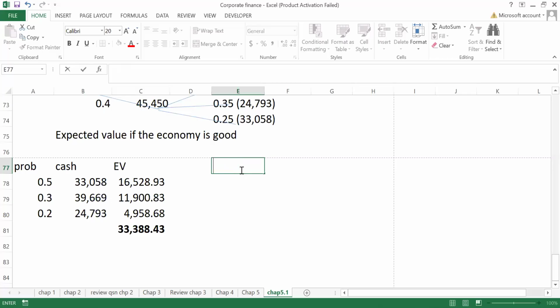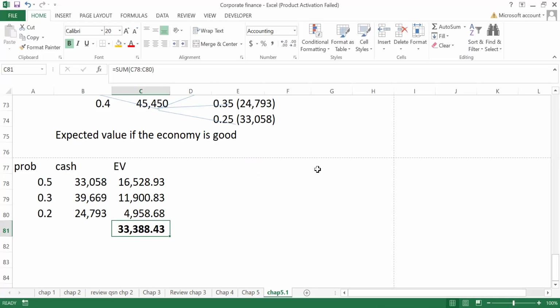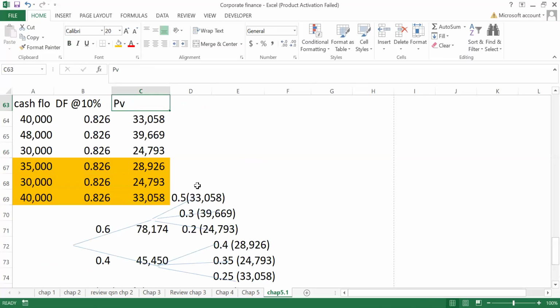So this is the cash flows in the second year, because what we have done here is to get this times this probability, plus this times this probability, plus this times this probability. What we are getting is a total of the second year cash flows. It is confusing. So the second year, come on.